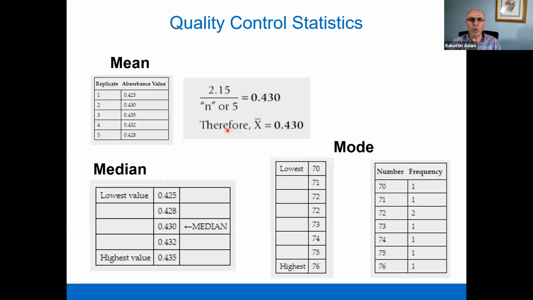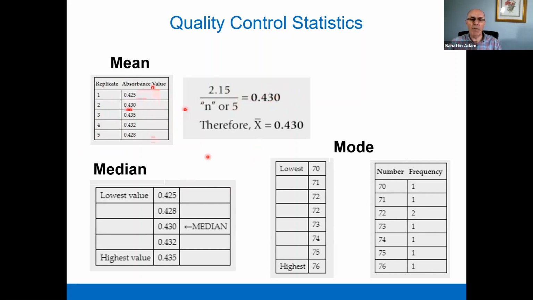Now I am going to show you what mean is. If you have a data set like this, you sum up all these numbers, and since there are 5 different data points, you divide by 5 and get a mean value.